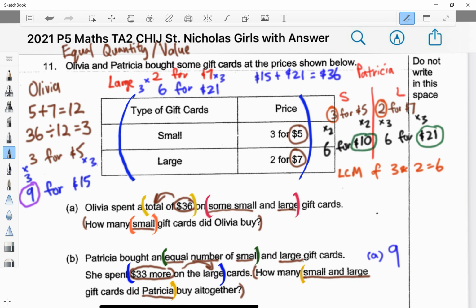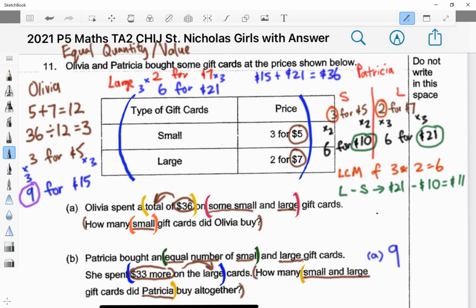When you have the same number of gift cards, like 6 small and 6 large, the difference in the price is $21 minus $10, which leads us to $11.